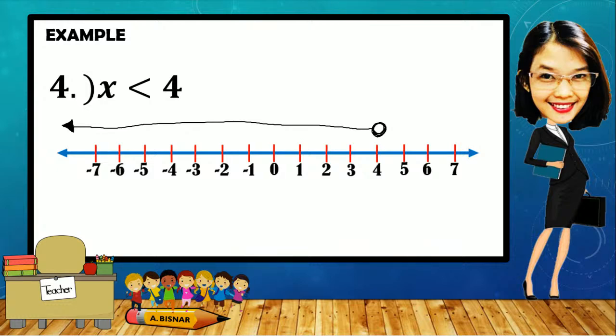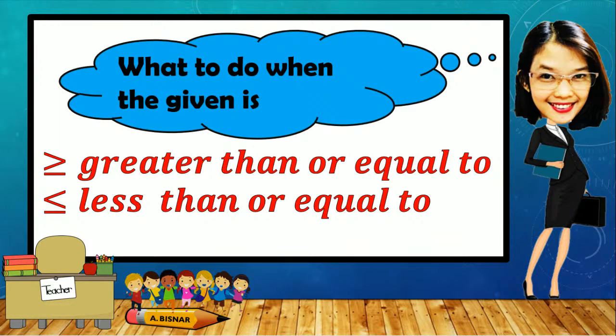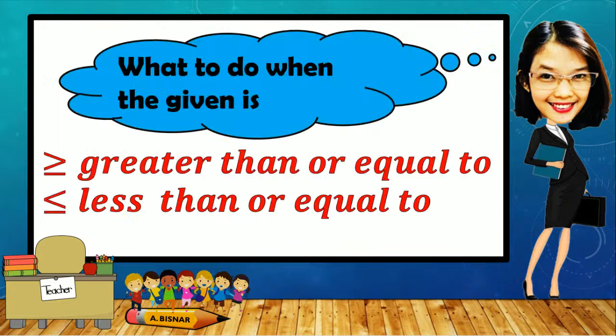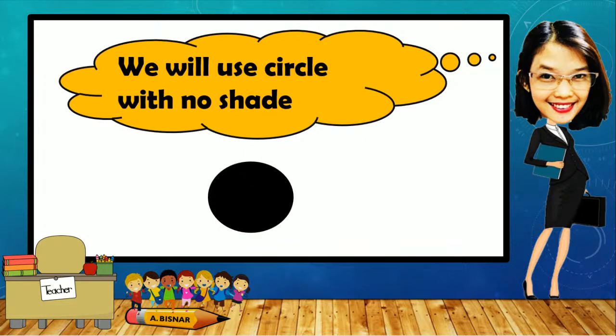Next. What to do when the given is greater than or equal to, tapos less than or equal to. So in here, we will use circle with shade. Let's erase this.